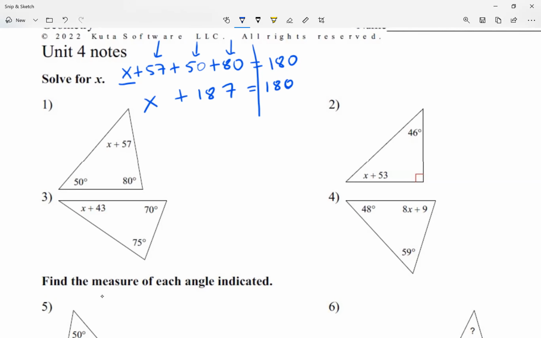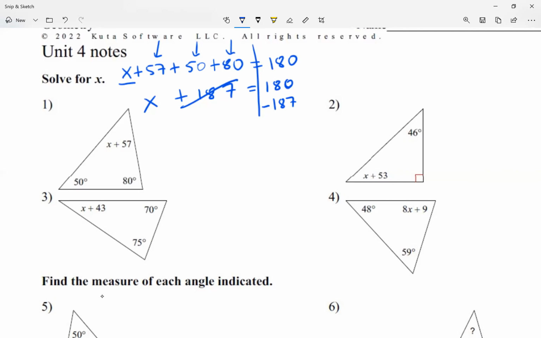I want the x by itself, right? I'm solving for x. So the plus 187, I'm going to cancel it out. Cool thing in math, we can cancel it out as long as we write it on the other side with the opposite sign. So instead of plus 187, let me write it on the other side as a minus 187. Your algebra teacher mentioned opposite operations, remember?